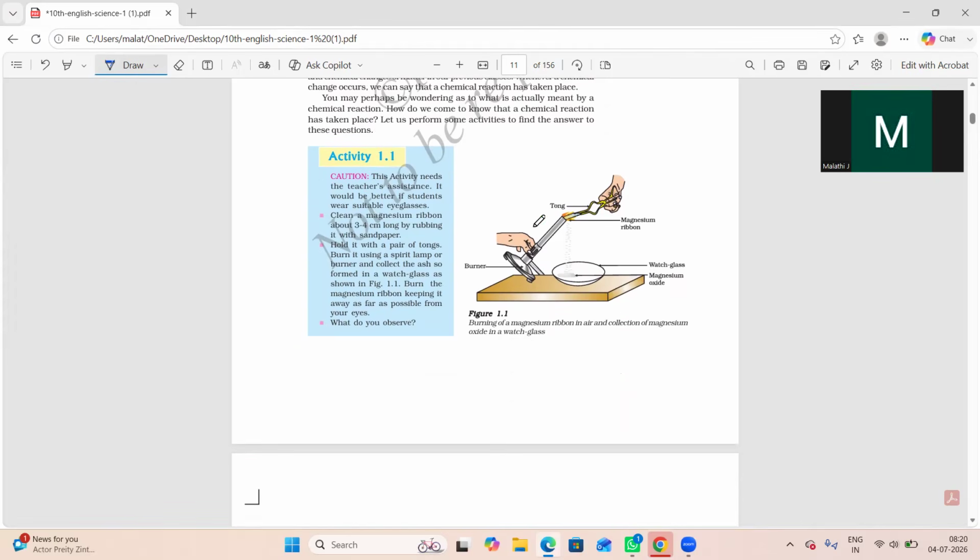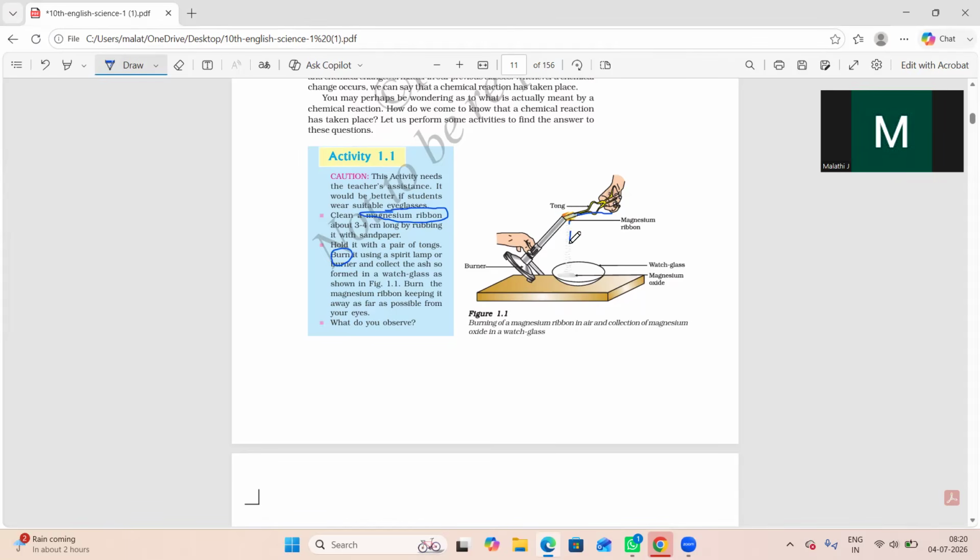Here you have to take a magnesium ribbon and burn it. Hold it with tongs and start burning the magnesium ribbon. If you observe the picture, you take a magnesium ribbon and expose it to flame, you burn it.